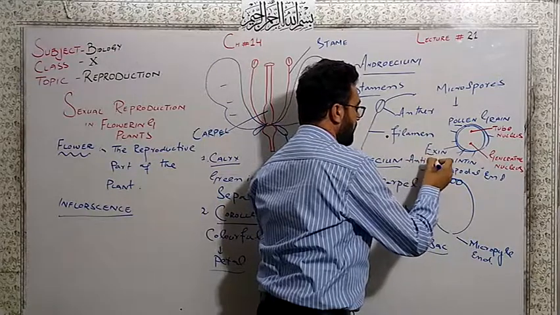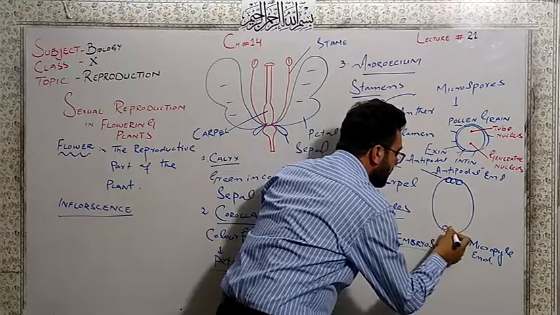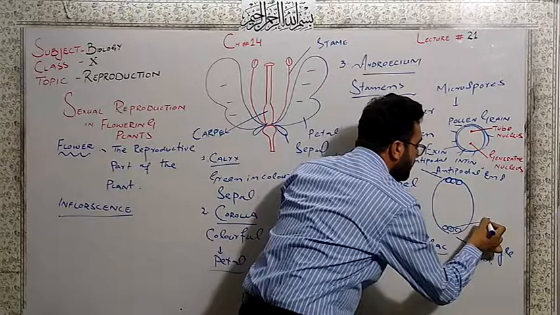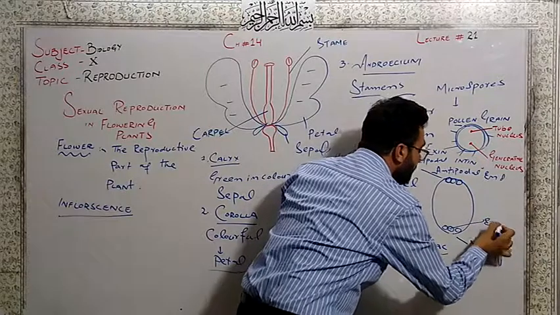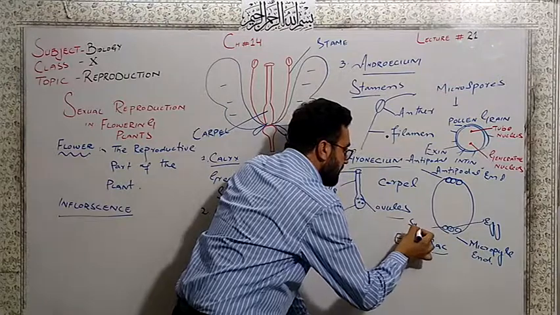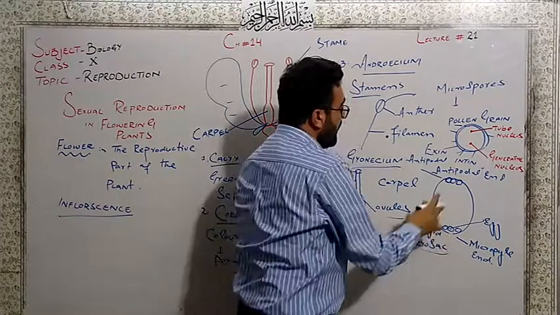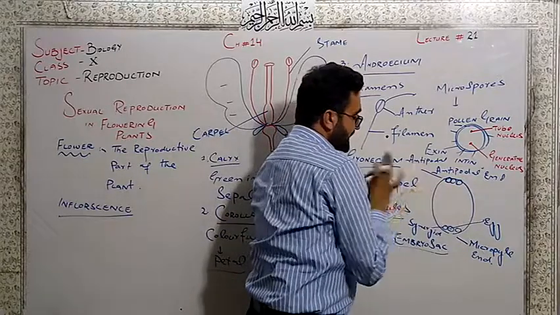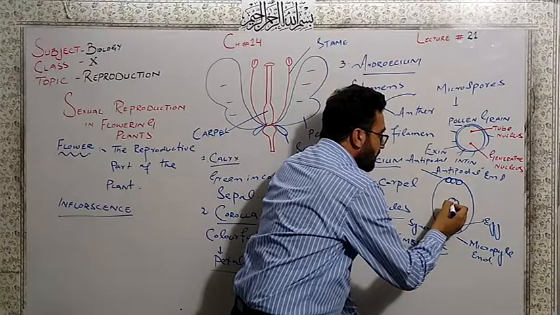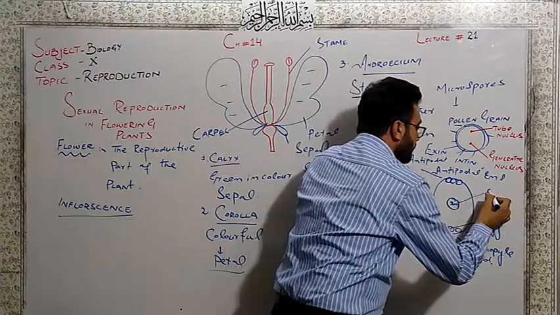And 3 stay here, in which one is called the egg, and the remaining 2 are called synergids. And these are the 6 cells. The 2 remaining nuclei fuse together in the middle and form a diploid body, the secondary nucleus, which forms the endosperm.